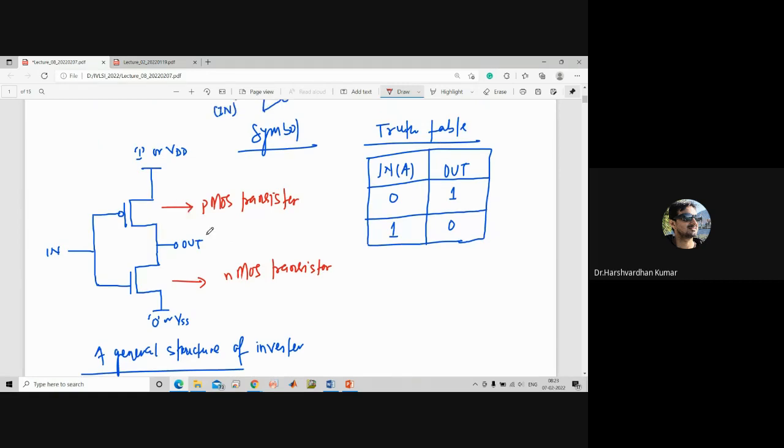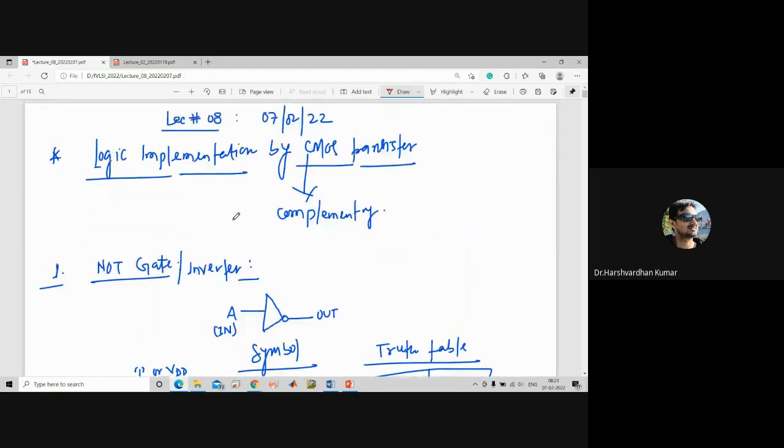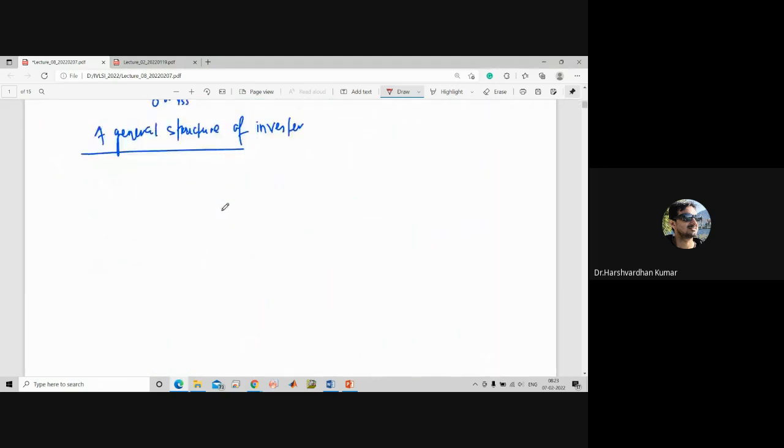Always remember, whenever we talk about logic gates, we first have to assume that 5 volt is roughly represented by logic 1 and 0 volt is represented by logic 0.